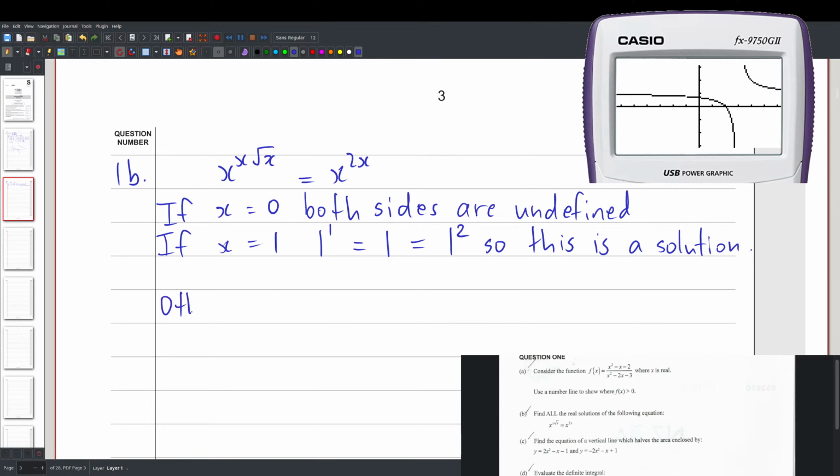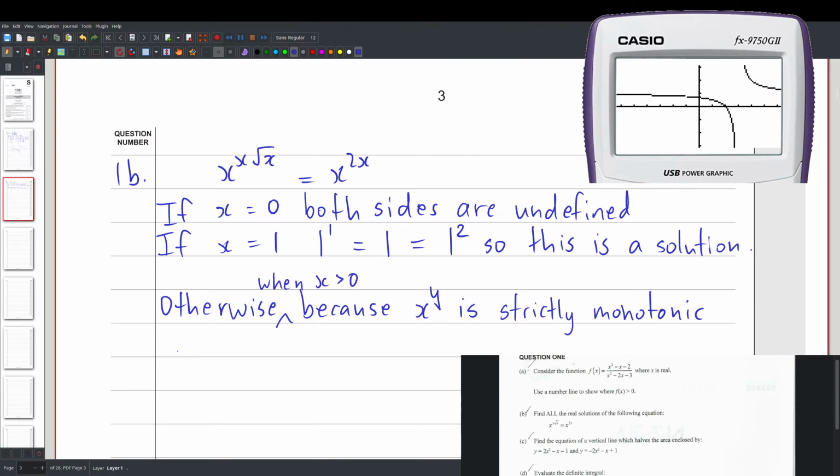And then otherwise, because x to the y is strictly monotonic, when x is greater than 0 and y increasing, then x to the a equals x to the b implies a equals b. Hence, x root x equals 2x.